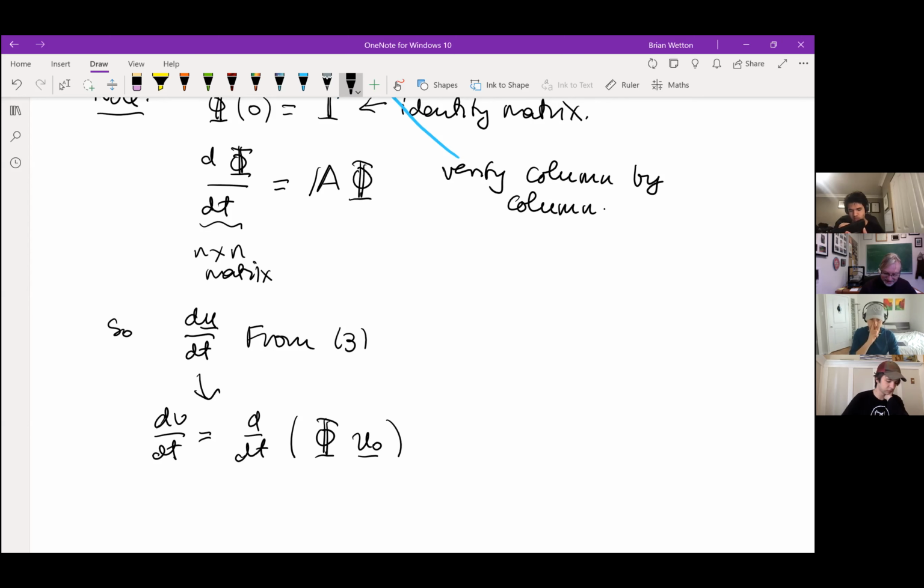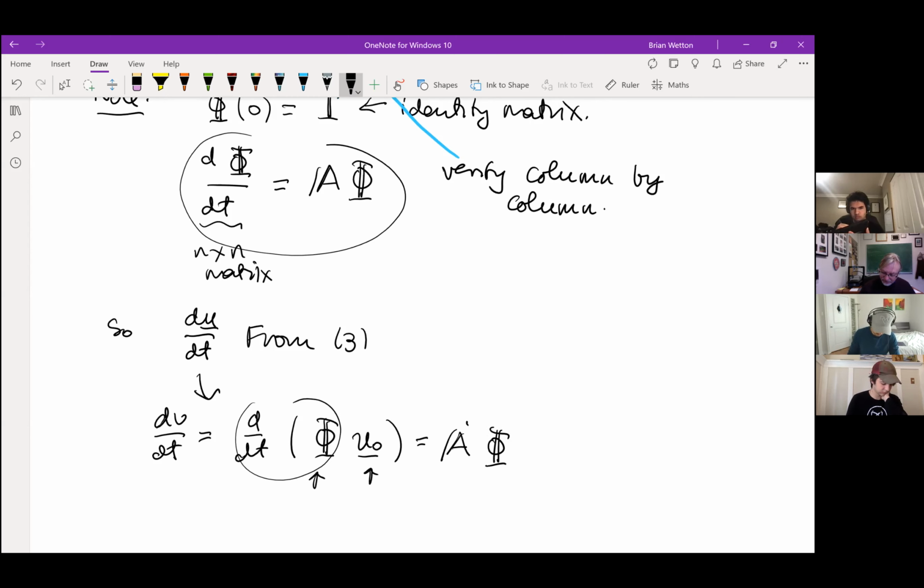This is what I say is the solution. This doesn't depend on time, so the only time dependence is here. So I'm going to have the derivative of this matrix, but I've just worked out that that's just A times the matrix. And this is what from 3 I said was U of t, so this is just A times U.